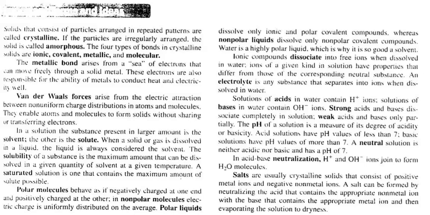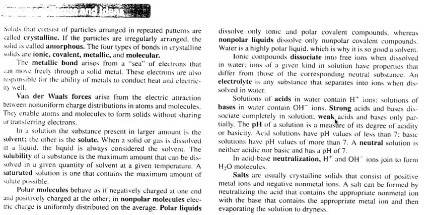Strong acids and bases dissociate completely in solution. This word dissociate, they dissolve into their respective ions when placed in solution. On the other hand, weak acids and bases only partially dissociate.